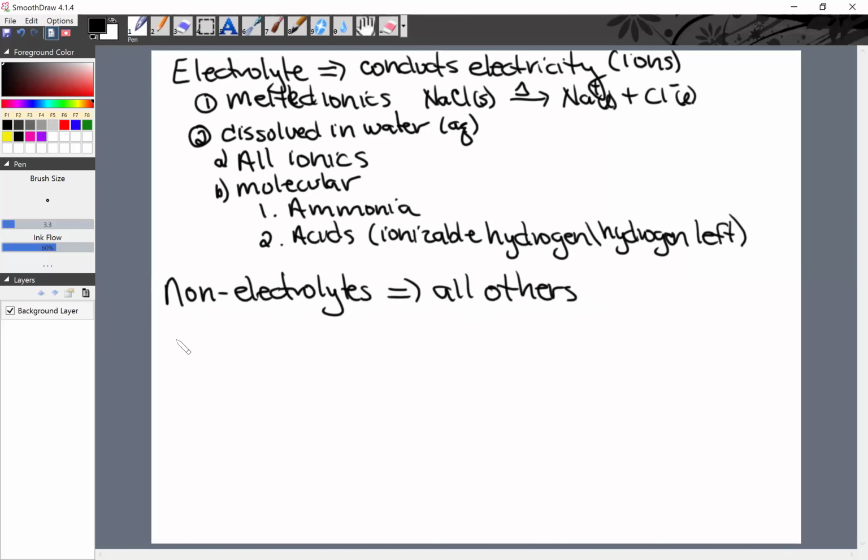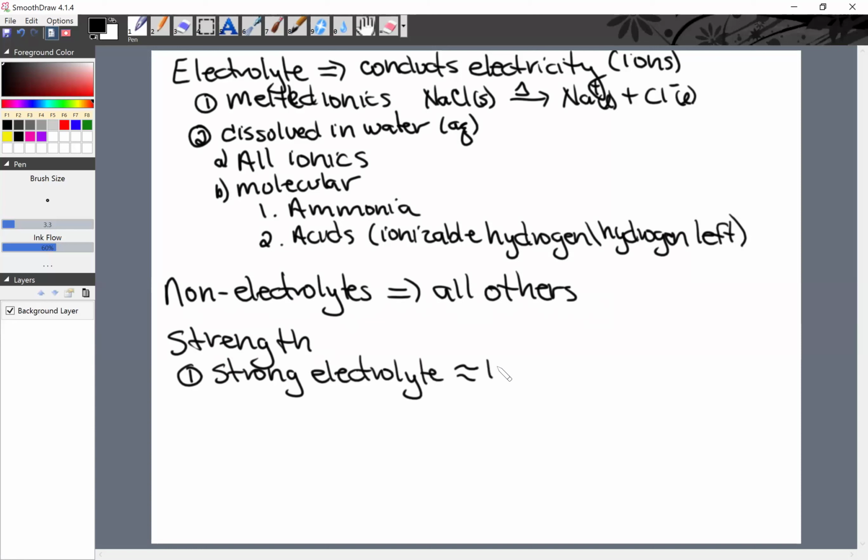My next question is the strength. And there's only two strengths for us. One, a strong electrolyte is pretty much 100% ionic when it is in liquid form, okay?